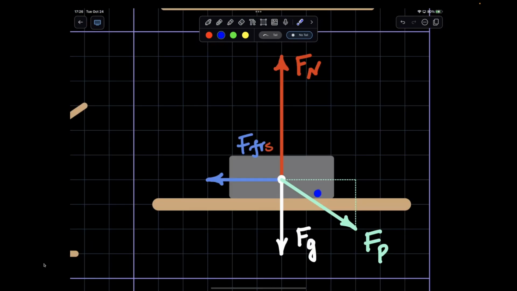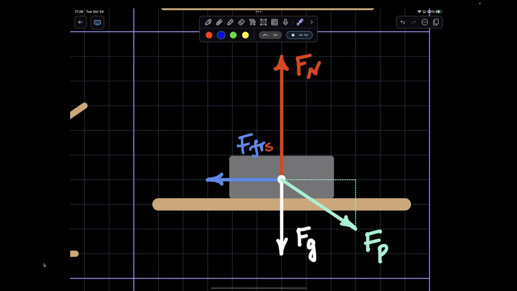So this angle right here creates a negative or downward component of force of pull. So normal force has to support force of gravity that is pushing into the surface, plus my force of push creating a vertical part. So this vertical part plus this gravity will be balanced by normal force.